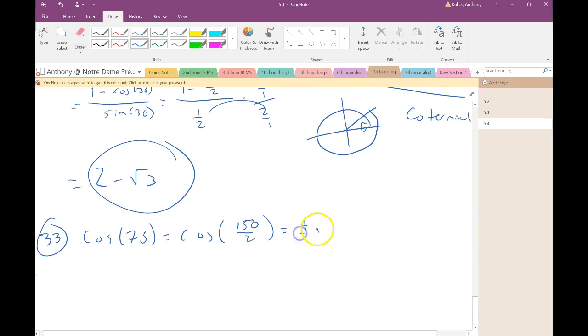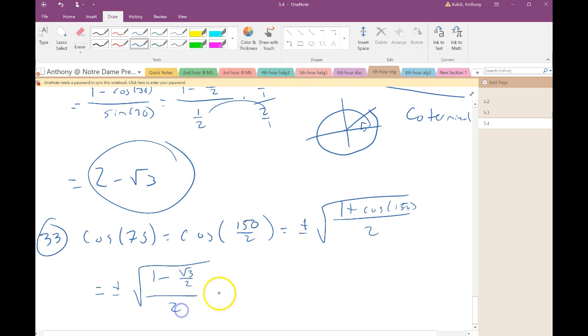Okay, plus or minus the square root of 1 plus cosine 150 over 2. I go to my unit circle. What's cosine of 150? Negative square root 3 over 2.